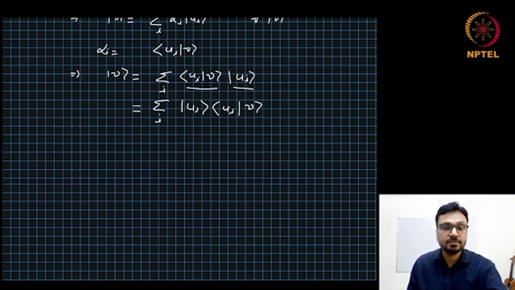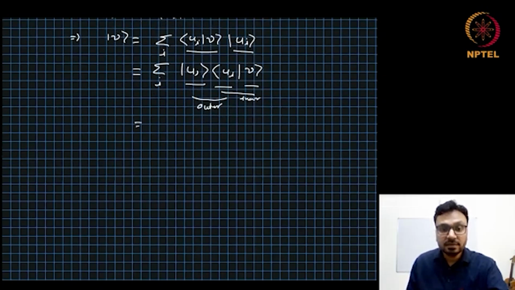Now we have a product of three vectors, in some way. This is the scalar product, this is the operator product, called the outer product, and this is called the inner product. We can redistribute it, since the summation is over i, we can take all this, and this is V.